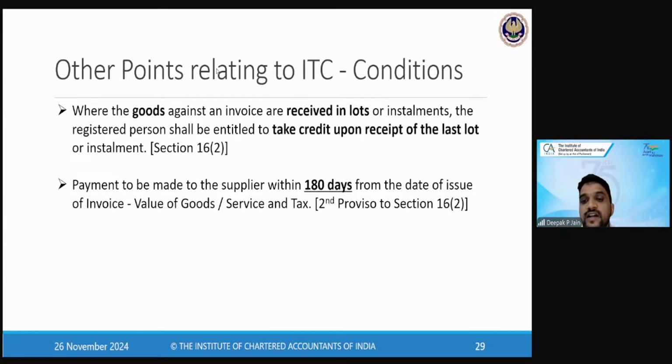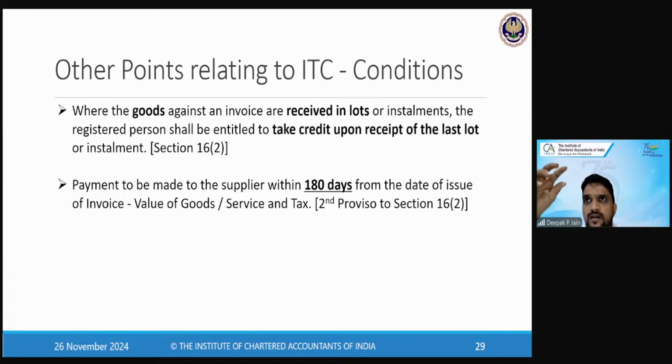It will not go, but your credit will get blocked. You will not be able to claim the credit. And afterwards, when you pay on the 181st day or 200th day, whenever you pay, you can reclaim it.